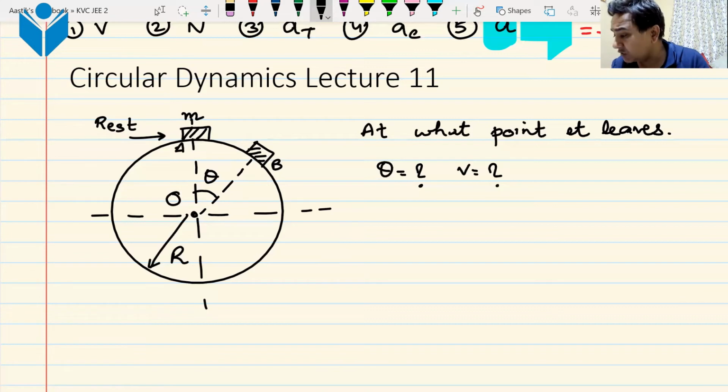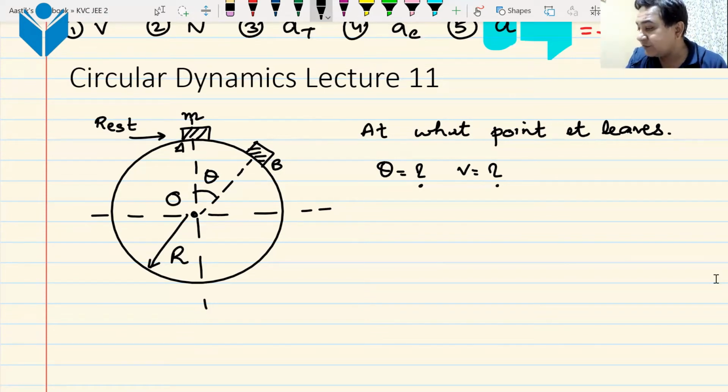Now before going on to solving this question, you have to understand that when this circular motion is happening, the body is free. The body is free in the sense that the body can leave the circular track. Since the body can leave the circular track, we call this type of motion something, and we add something in that motion.